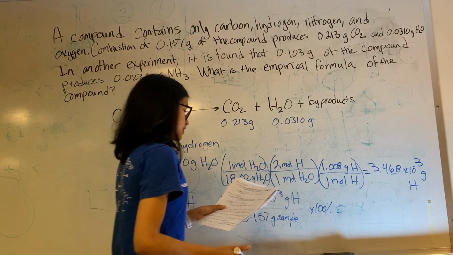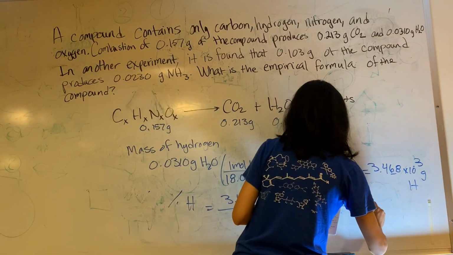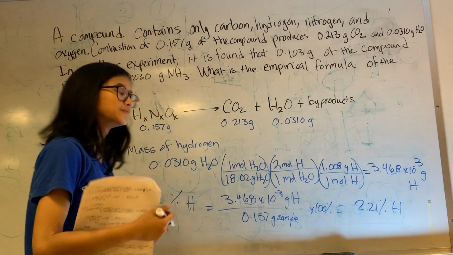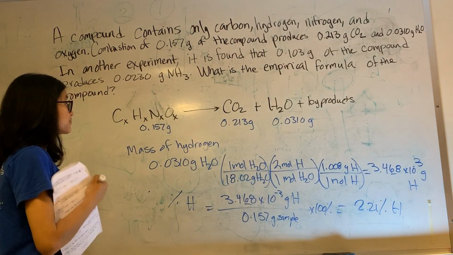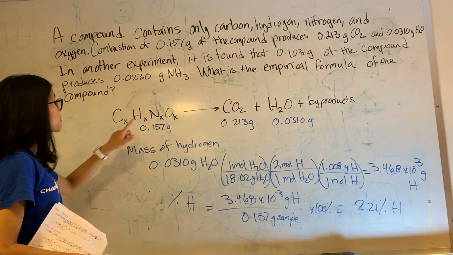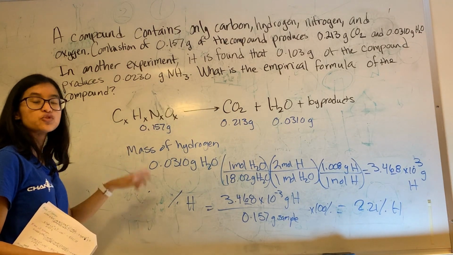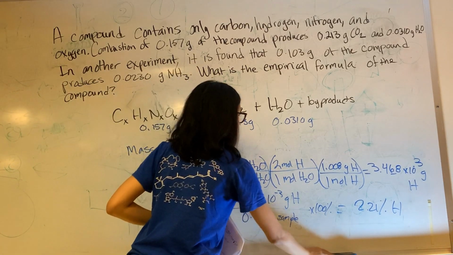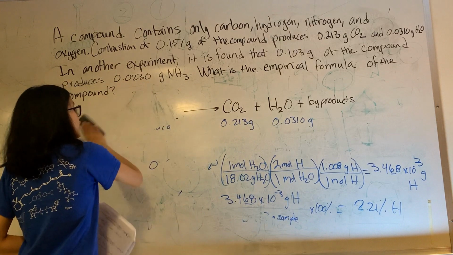So that will give us 2.21% hydrogen. Okay? All right, so we got carbon and hydrogen from this first one. Now, to find nitrogen, we're actually going to need to switch over to the second reaction that we talked about. So let's go back to that one.